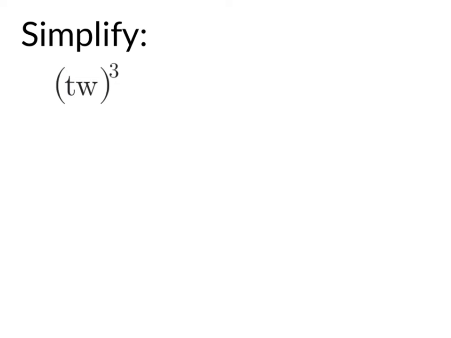So what if we're going to simplify (tw) to the 3rd? Now we can use what we know about how powers work, that (tw) to the 3rd is when we take the base, tw, times itself 3 times. And if you look a little bit closer, tw is a product. So we really have t times w times t times w times t times w.